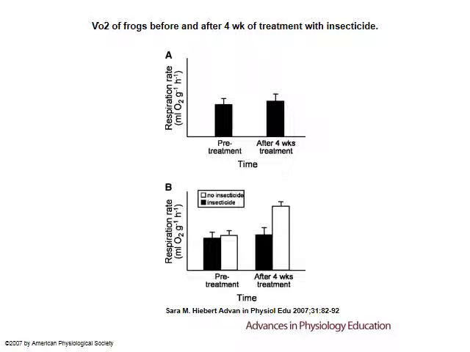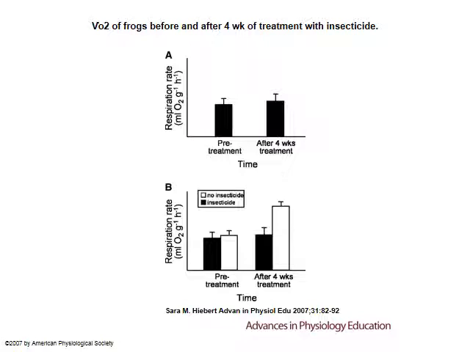However, the respiration rate of the insecticide-treated frogs did not change over time. So what's a possible explanation for that? Why didn't theirs also increase? It could be that the insecticide is continuing to cause a stress state that is reducing their respiration rate in some way.